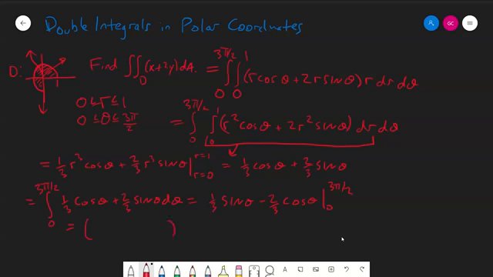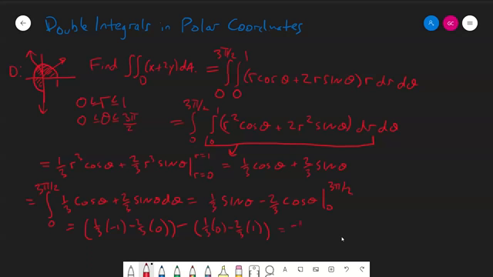So when you plug in 3 pi over 2, sine of 3 pi over 2 is negative 1. Cosine of that is 0. And when you plug in 0, sine of that is 0, and cosine of that is 1.